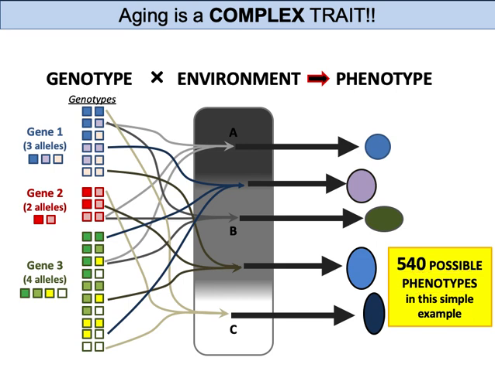And so aging is one of these traits. It's a complex trait that's influenced by the environment. And so when we say environment, the environment is sort of like a very broad term. It encapsulates many different environments through space and time.